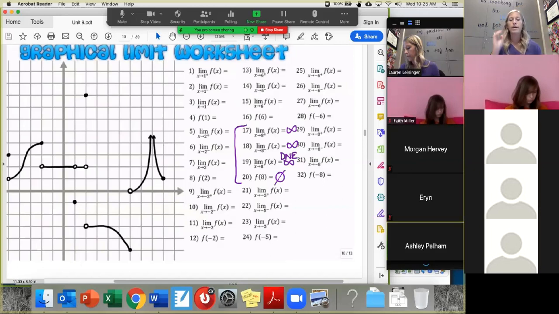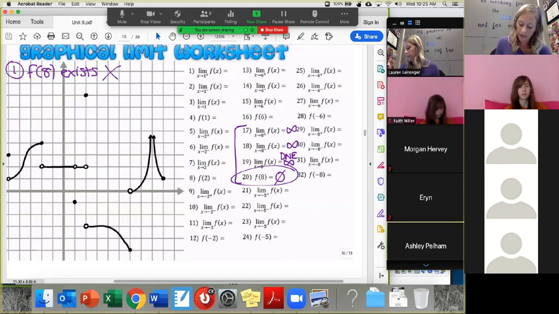So if I'm going through my checklist now, the first thing is f of 8 exists. True or not true? Not true, because of what we just answered in question 20. So do I have to check the other two? Nope.